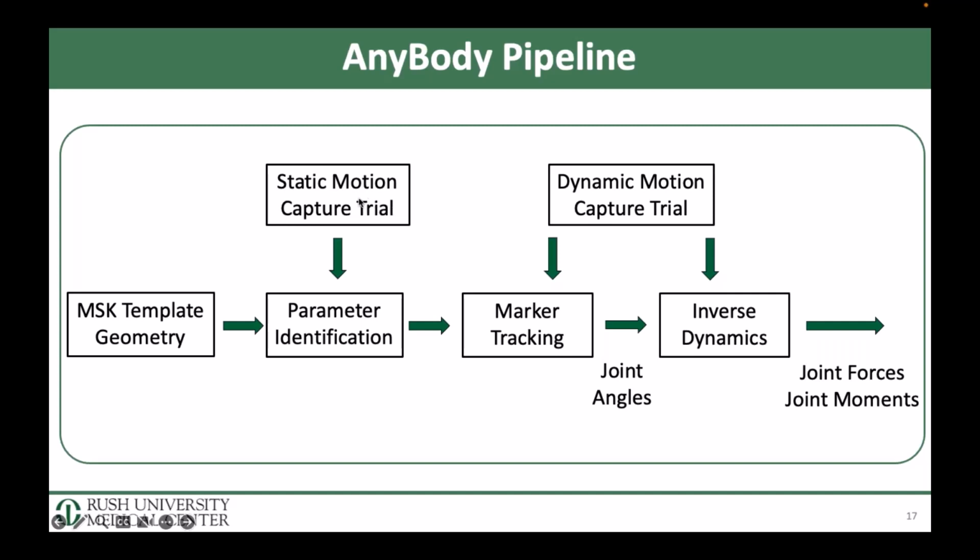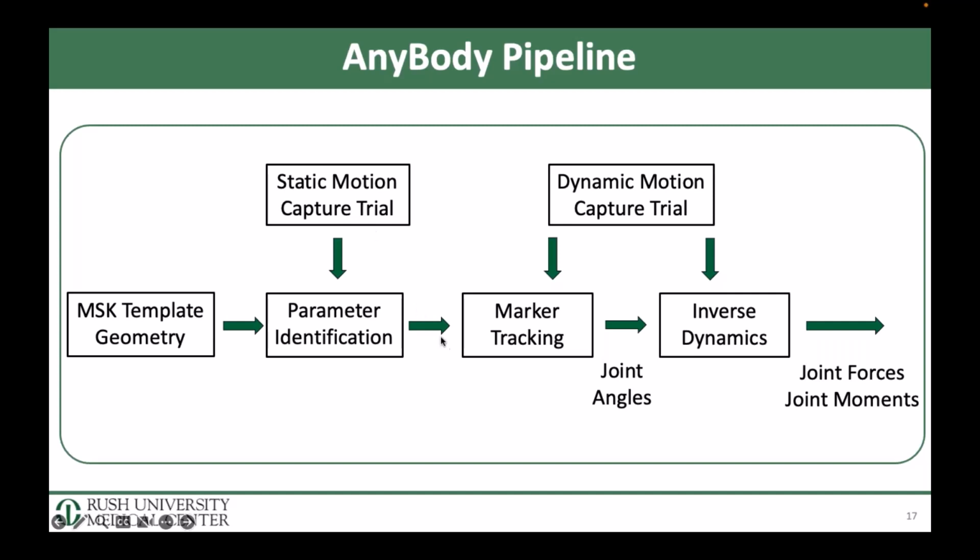During the static motion capture trial, a subject is just staying still, and we can use the information from this trial to scale the musculoskeletal template geometry, for example the length of the arm or the length of the leg. So after the parameter identification, we have a body model scaled according to this input data.